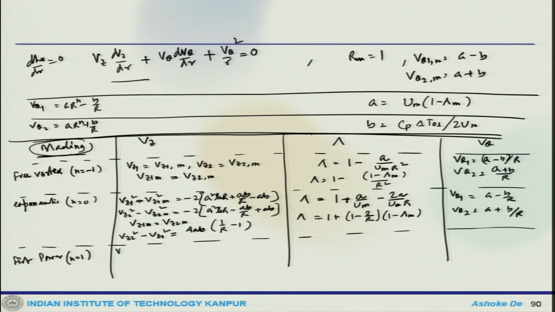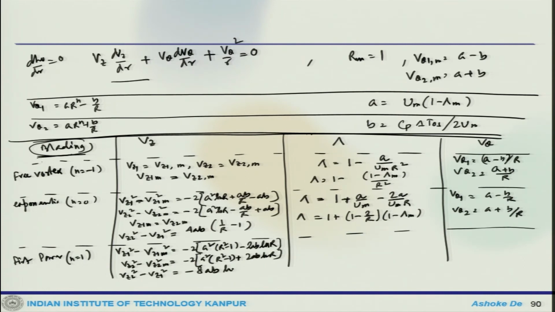Then this pattern would be V z 1 square minus V z 1 m square equals minus 2 A square (r square minus 1) minus 2 A b ln r, V z 2 square minus V z 2 m square equals minus 2 A square plus 2 A b ln r, V z 2 square minus V z 1 square equals minus 8 A b ln r, V z 1 m equals V z 2 m, and degrees of reaction will be 1 plus 2 A ln r minus A by u m.